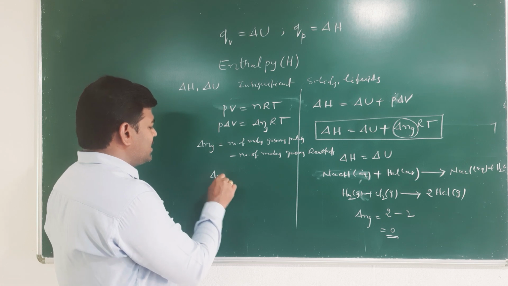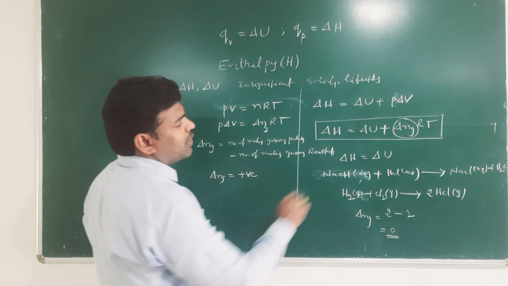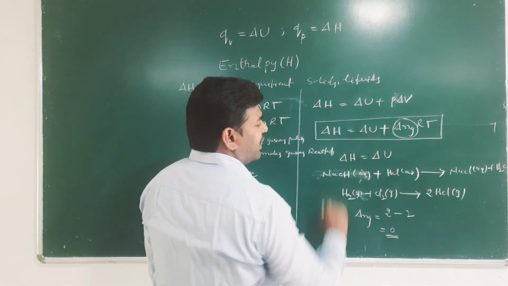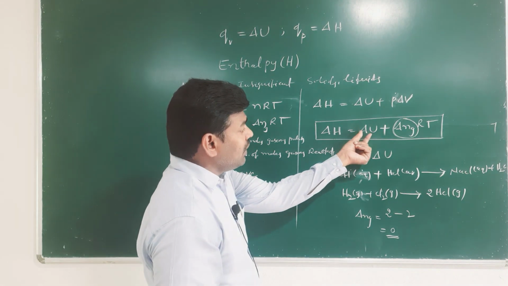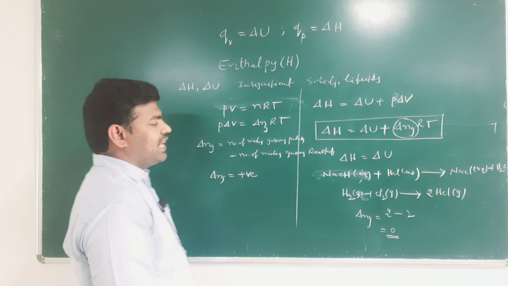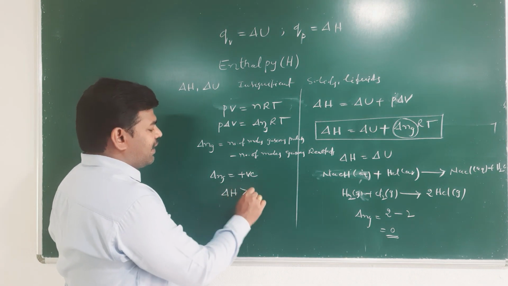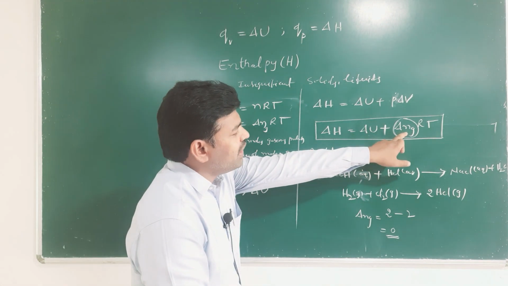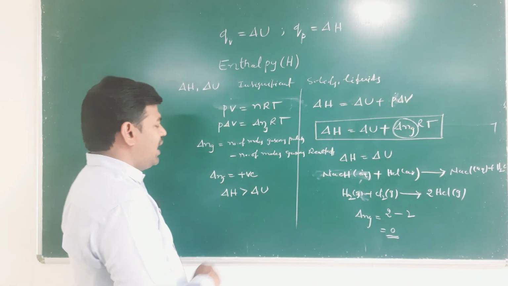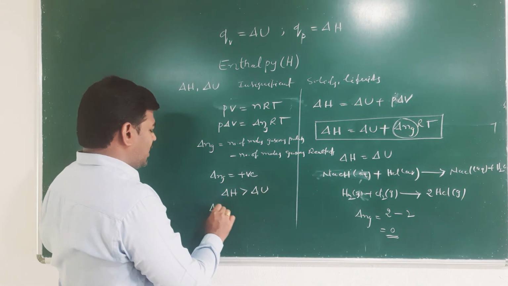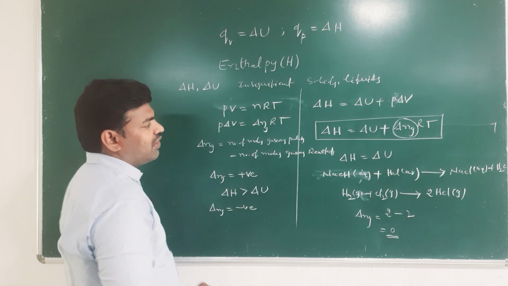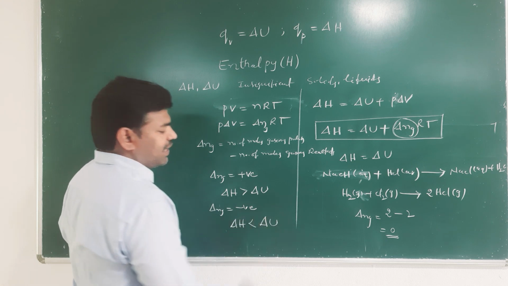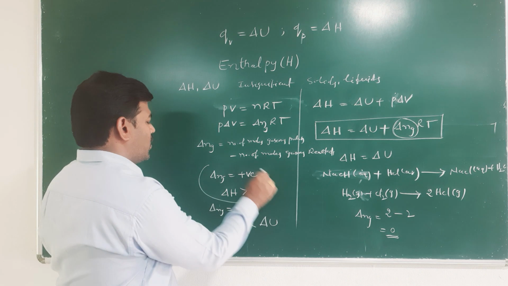If delta Ng is positive, then we can write delta H is greater than delta U. And if delta Ng is negative, then we can write delta H is less than delta U. So these are the two important cases.